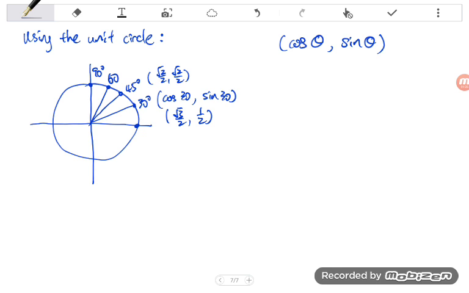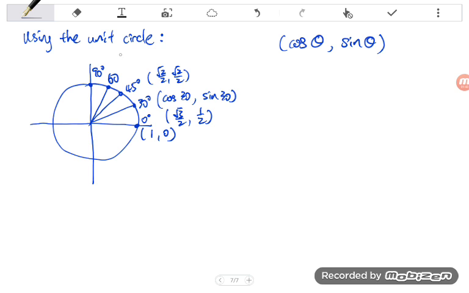I hope by now we all remember the cosine values and the sine values of the special angles, the 30 degrees, 45 degrees, 60 degrees, 90 degrees. I missed one here. Since the unit circle has a radius of 1 unit, that would be 1, 0, and this is 0 degrees.